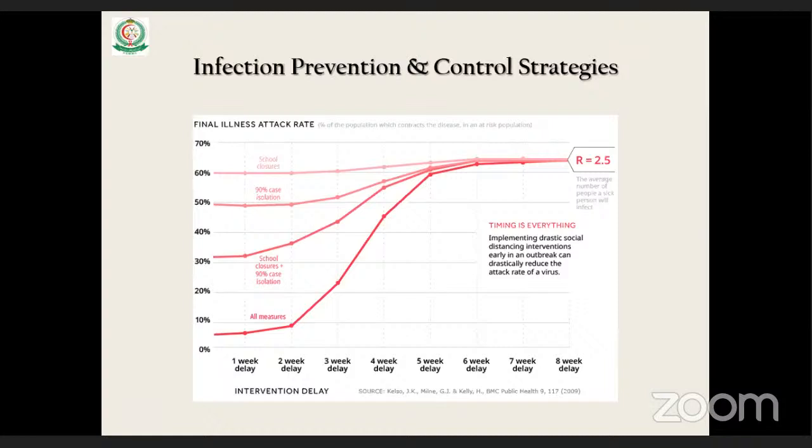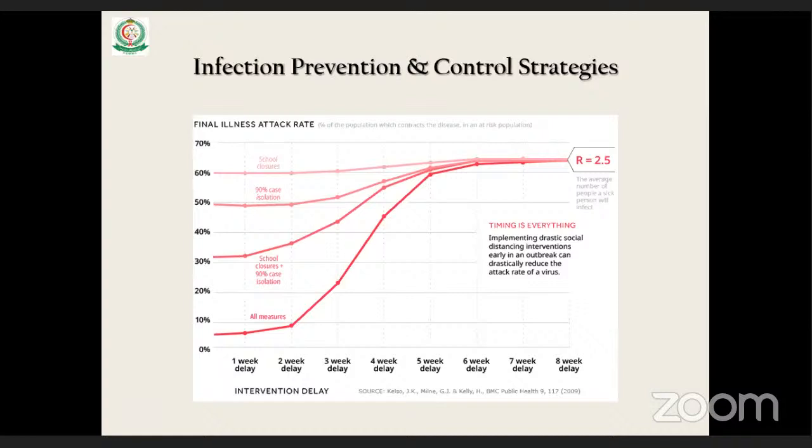And the first line, if you implement all measures as early as possible, like in the first week, you can see the attack rate is below 10%, around 5 or 4%. With further delay, again, the attack rate unfortunately will increase. So it's not the implementation alone, it's the implementation and the early timing of practicing these prevention and control strategies.